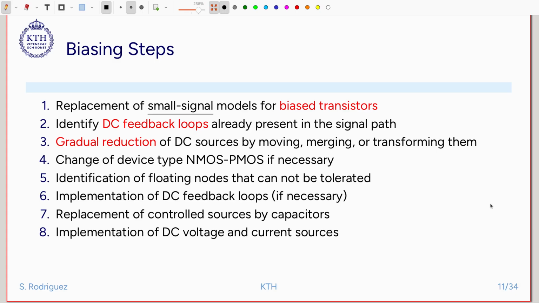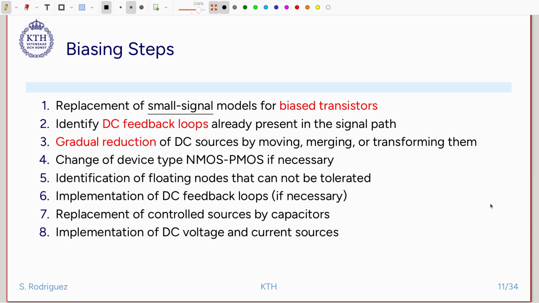So there will be a feedback loop that maybe we can reuse. Then we will start reducing all these DC sources by using the tools that we studied before. When we reduce all of these sources, we will see what the requirements for the power supply are.